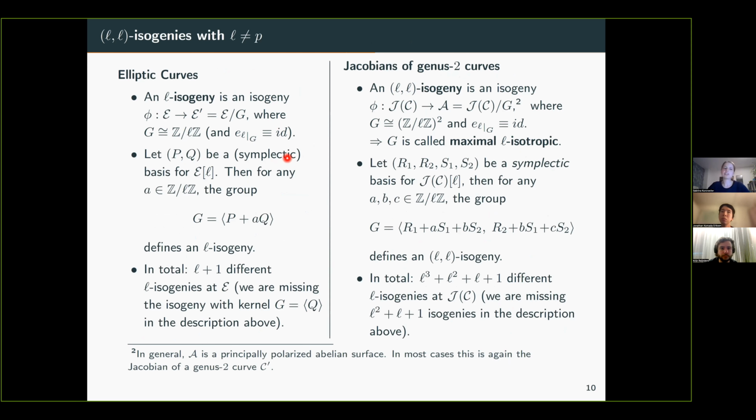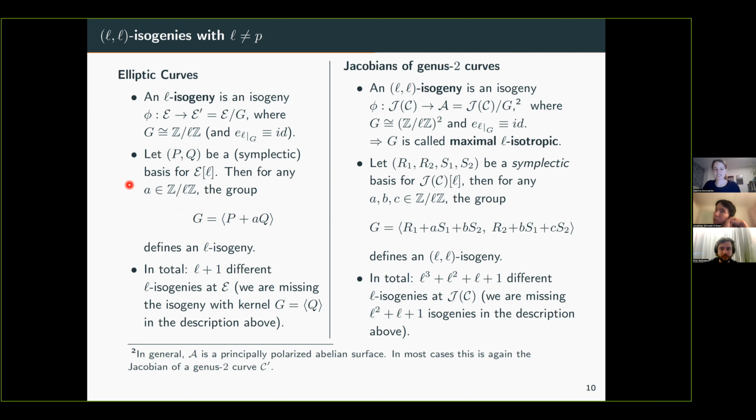And maybe another question is how to construct such groups that are maximal isotropic. If we look first at the elliptic curve situation, the typical procedure is that one chooses a basis for the L torsion, let's say P and Q, and then takes as the kernel group for the isogeny the group generated by P plus A times Q for some integer A. And like this, one can generate L different subgroups.